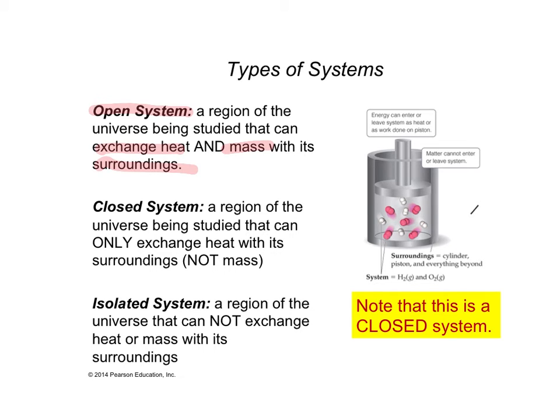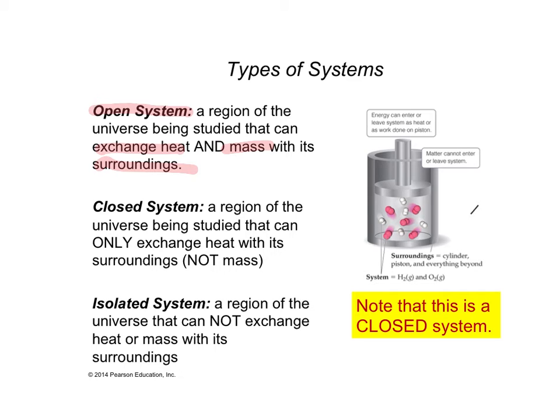A good example of open systems would be humans, right? We can exchange energy with our surroundings. If you touch something that's cold, we're transferring energy. What about matter? Do we exchange matter with our surroundings? Yes, right? We eat and we breathe and we do other things. So we can exchange both energy and matter.